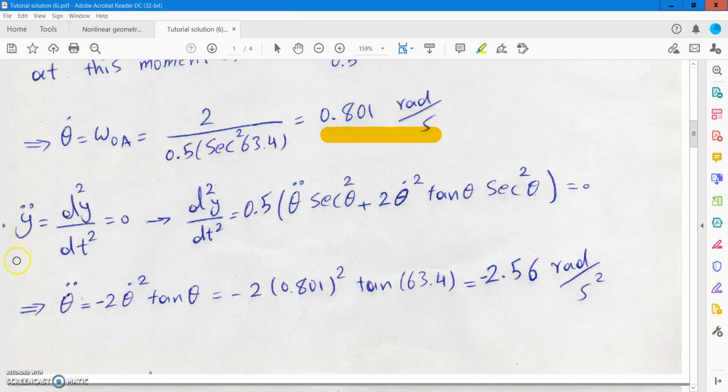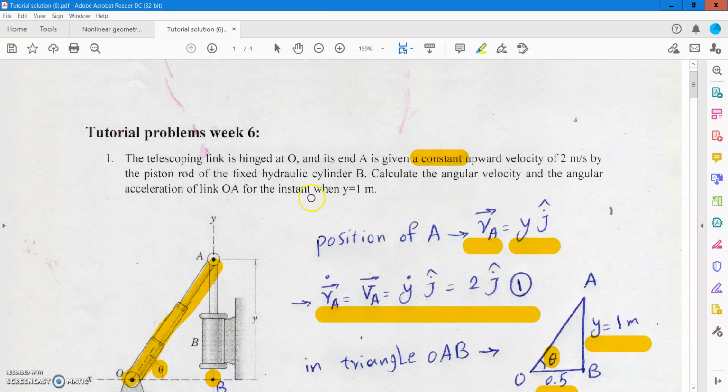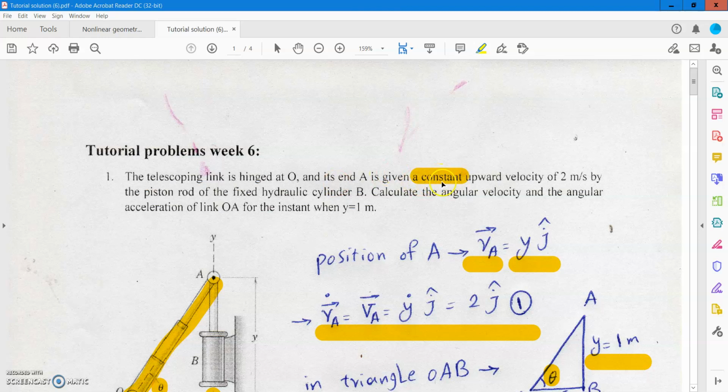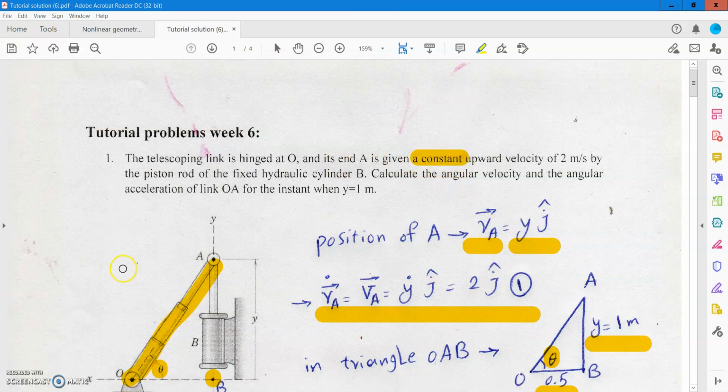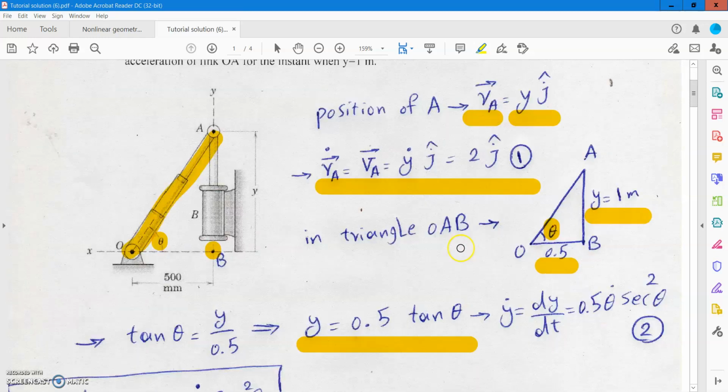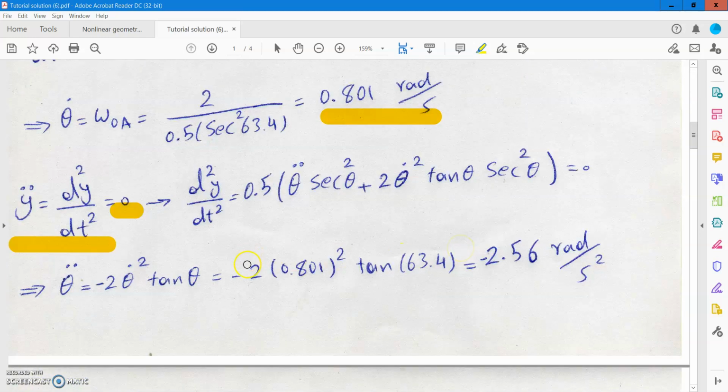For the acceleration, you need to find y double dot, the second derivative of y with respect to time, and we know that this term is equal to 0, because based on the problem this is a constant velocity for point A. So the acceleration of point A, y double dot, must be equal to 0.